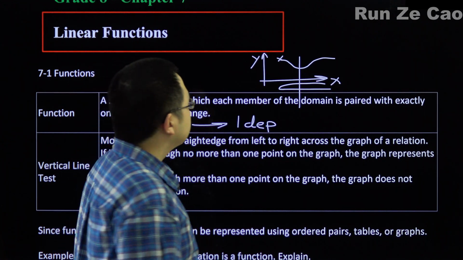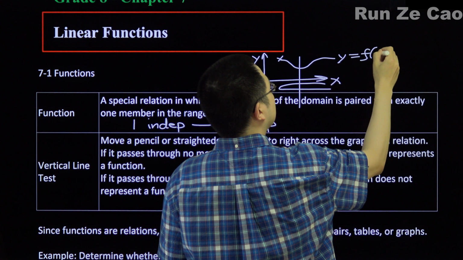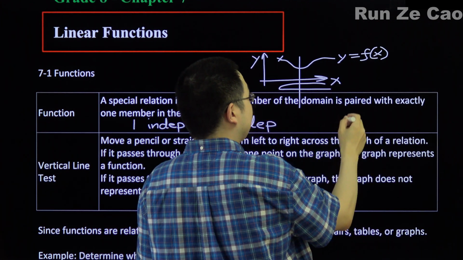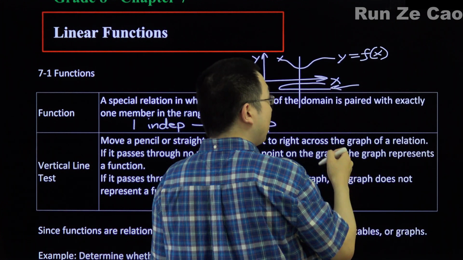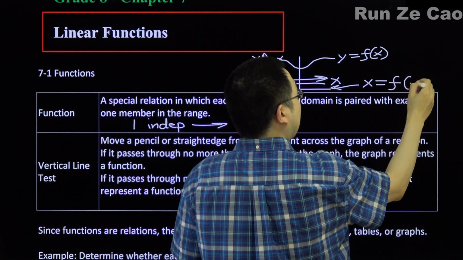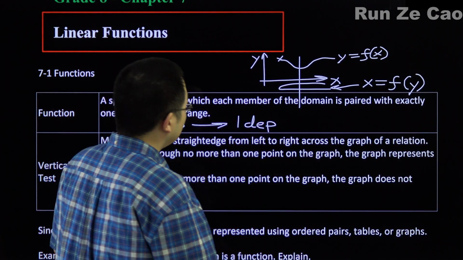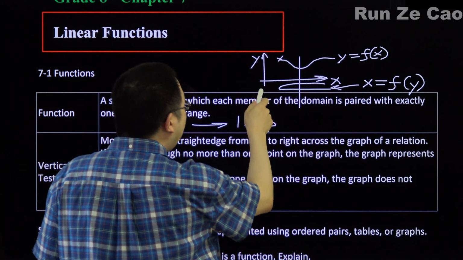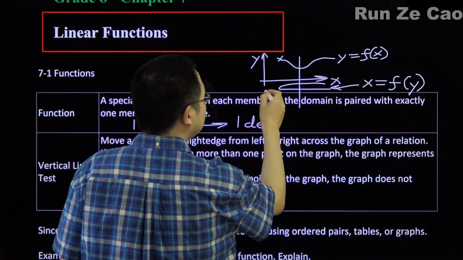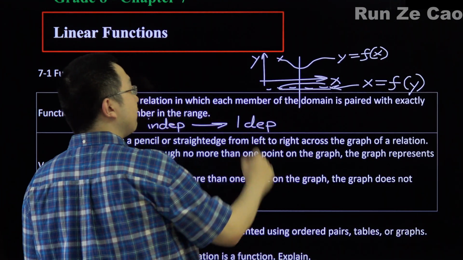But wait a second. This is y equals f of x. So y is a function of x. This one, on the other hand, this could very well be x is a function of y. Like, if you decide to use y as your independent variable, it could well be that for every independent variable value, there's only one particular dependent variable.